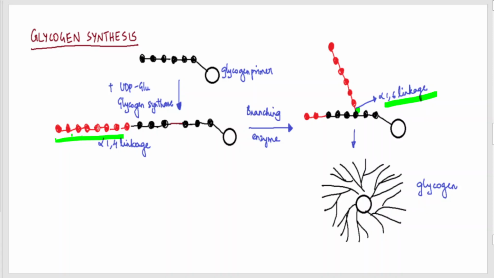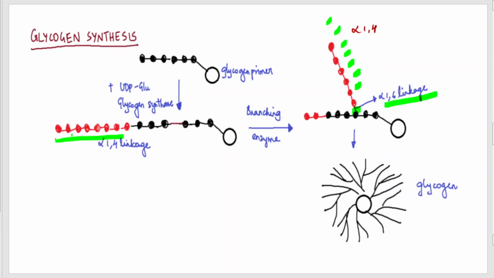So here a new branch is being created with an alpha 1,6 linkage, and who forms this new branch? It is the branching enzyme, which is nothing but the alpha 1,4 to alpha 1,6 transglucosidase enzyme. After the branching enzyme forms a branch point, there is linear attachment of glucose residues forming alpha 1,4 linkages.